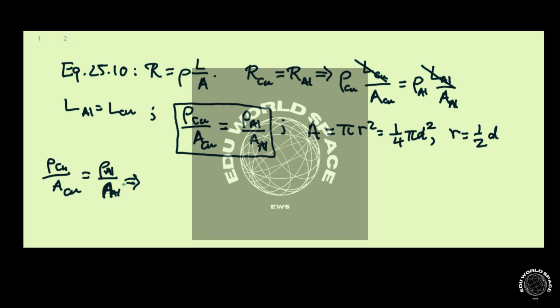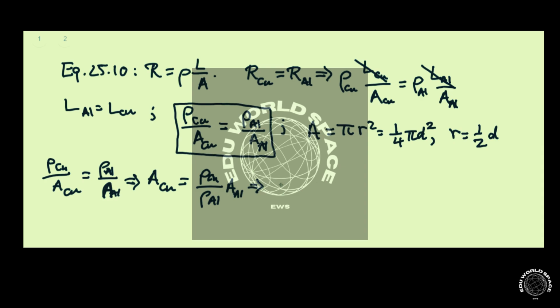So from this equation, you can find that the cross-sectional area of copper is equal to the resistivity of copper divided by the resistivity of aluminum times the cross-sectional area of aluminum. And now I will plug in the area.